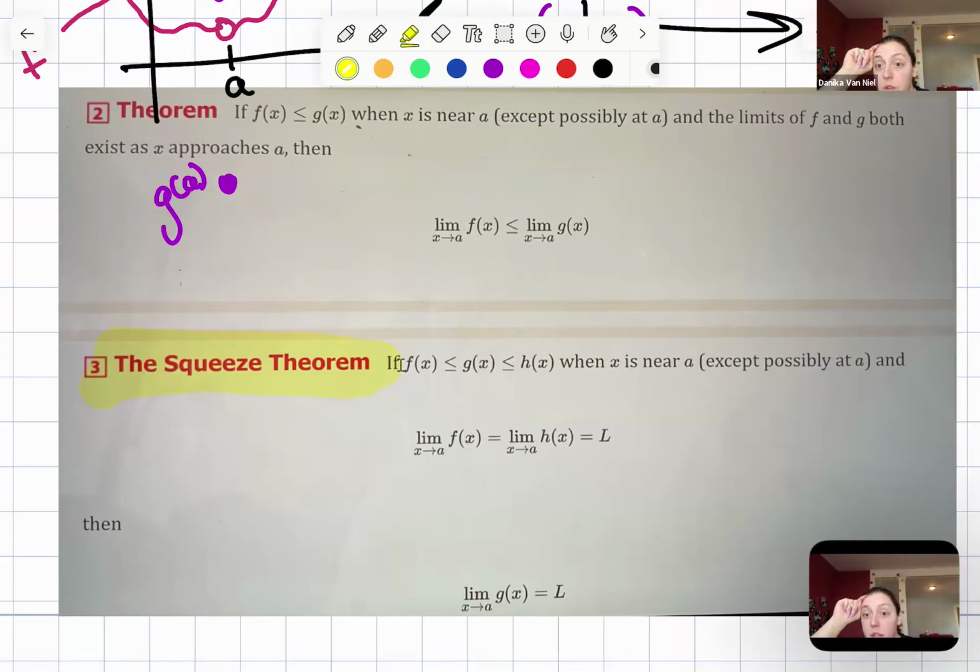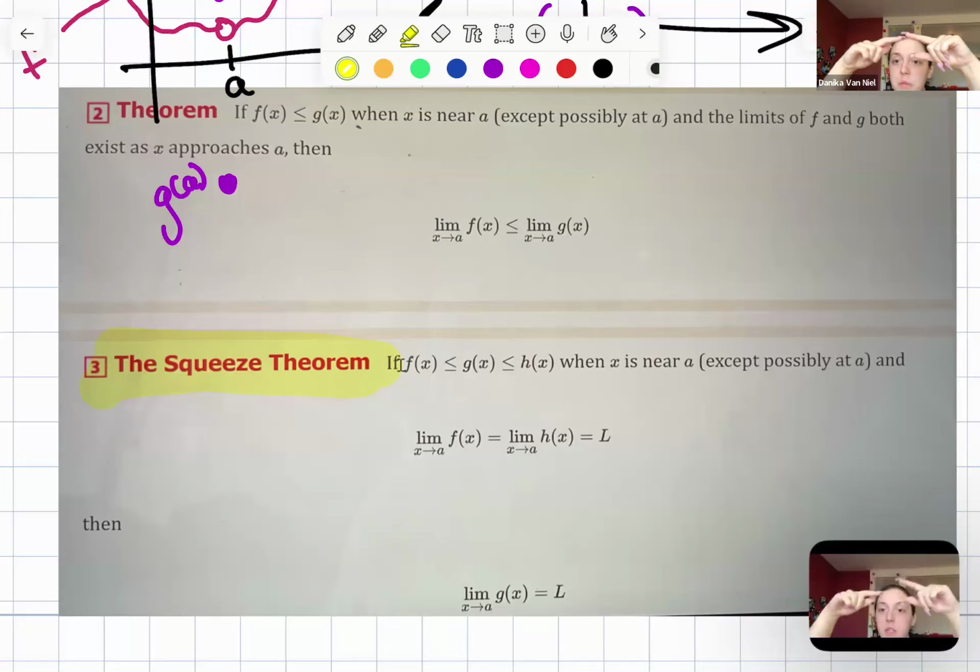This is why they call it the squeeze theorem, because H is the biggest, G is in between, and F is the smaller of the two. They have this relationship around A, except maybe exactly at A, where one is bigger than or equal to the other, but somehow F and H crunch in such that their limits not only exist but agree.